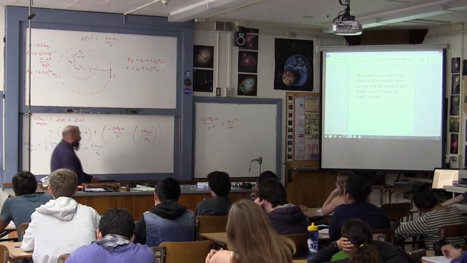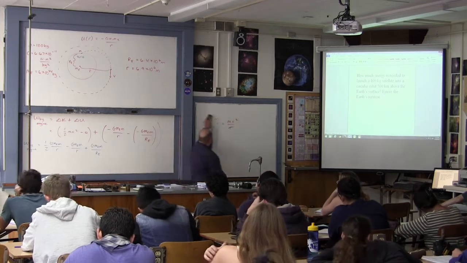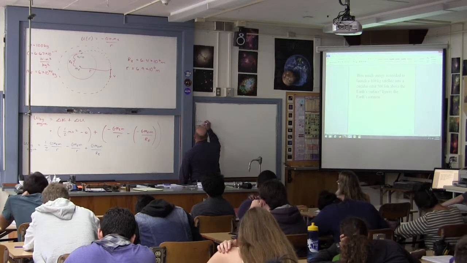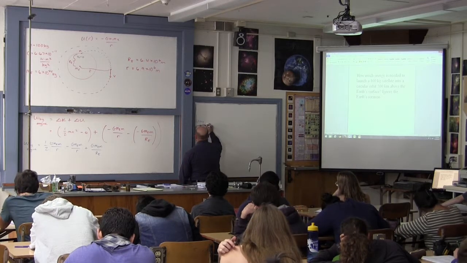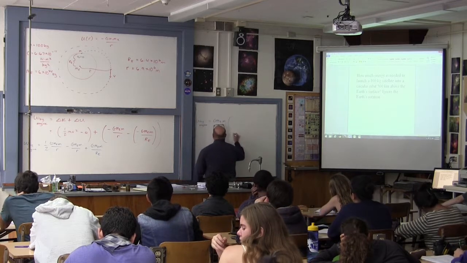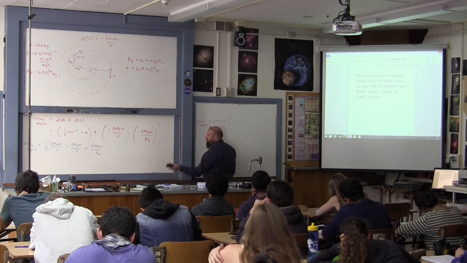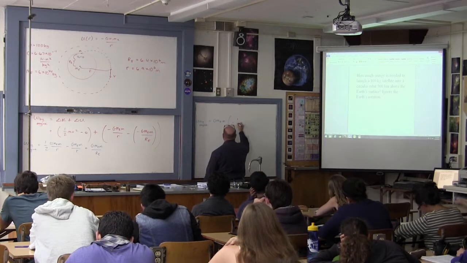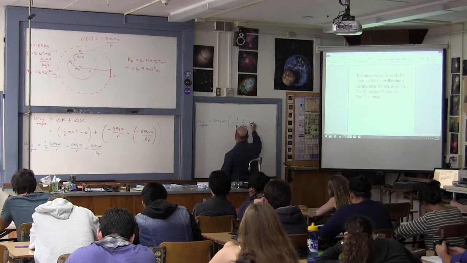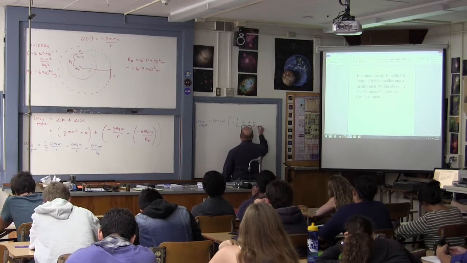Negative 1/2 over r. So the work done by the engine is the constants G and M and m pulled out, and then I'm left with negative 1/2 times 1 over little r, plus 1 over the radius of the earth.